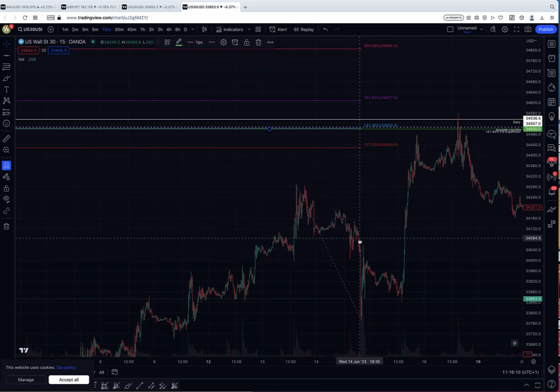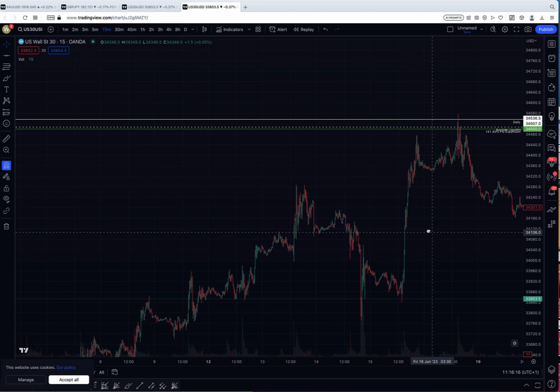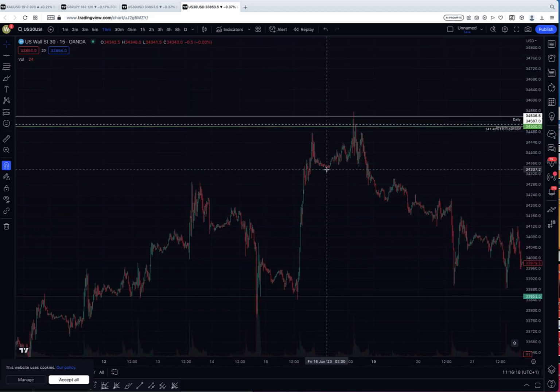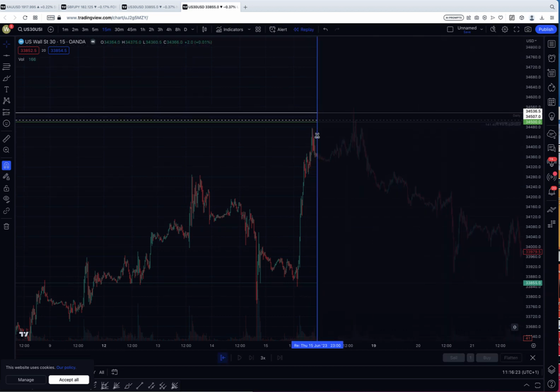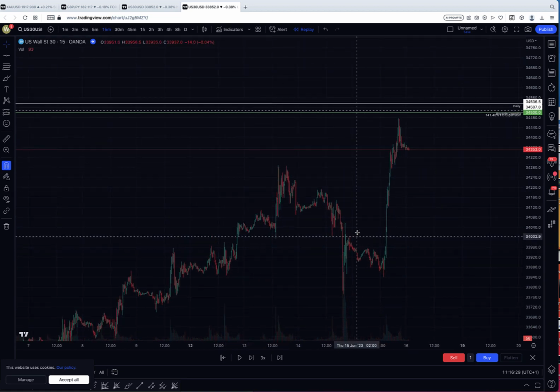So you see, I've already got 3 confluences here, and I know my stop loss will be a little bit above it. Let's have a look. This was taking place when price was maybe here. The price had not reached my level yet, but I was marking these levels from here as an example.